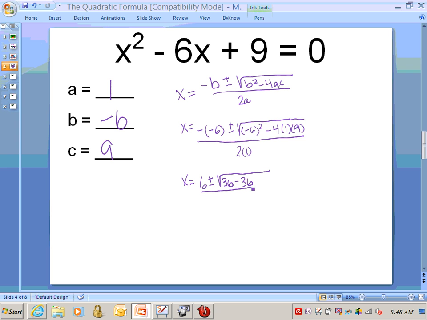All over 2. So the discriminant was 0. Yep. So I'm going to have x equals 6 plus or minus the square root of 0 all over 2, which comes out x equals 6 plus or minus 0 divided by 2, right?